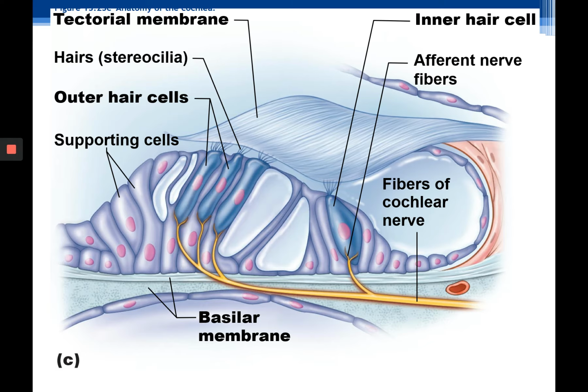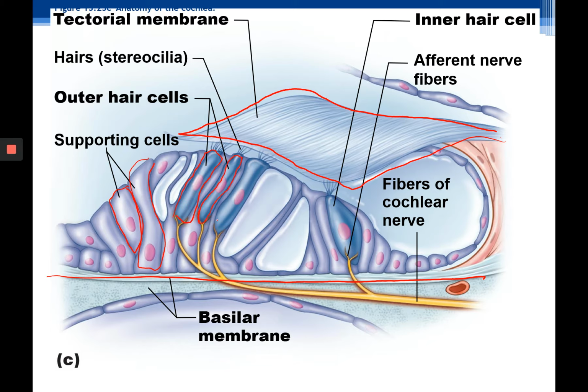Let's look at the organ of Corti in more detail. So here is our tectorial membrane right there. And then we have our basilar membrane down here that our organ of Corti is sitting on. We have our wonderful support cells supporting our receptor cells, or what's being called outer hair cells.